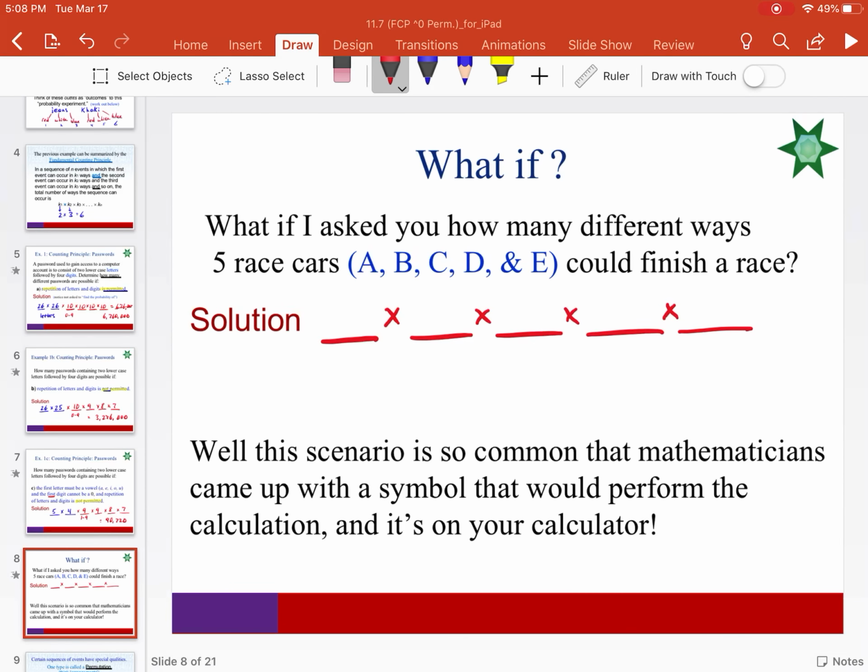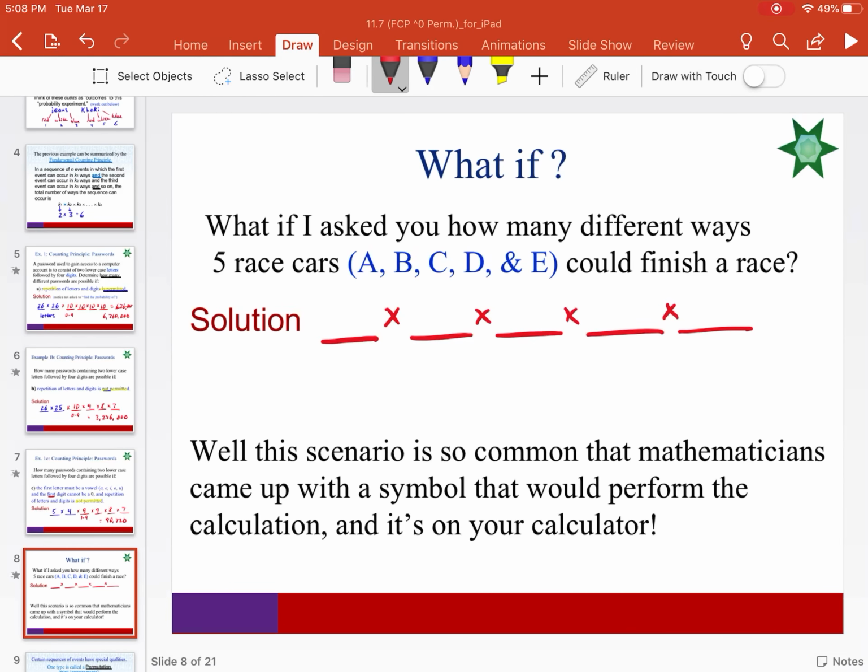Okay? Well, this idea of multiplying successively lower numbers is so common in mathematics that they came up with a symbol that would actually perform this calculation.